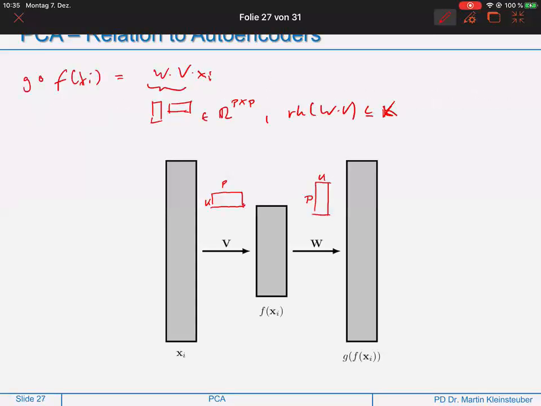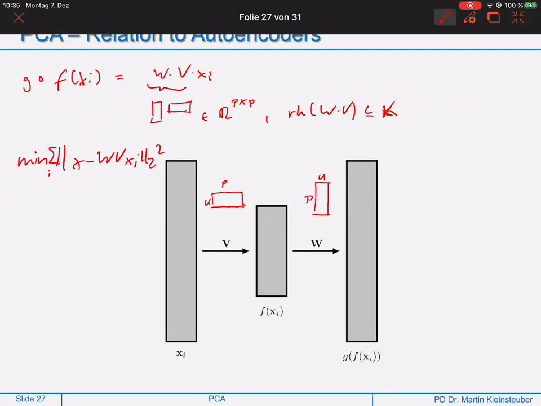So we want to minimize the sum over i of the norm of xi minus W V xi, squared.